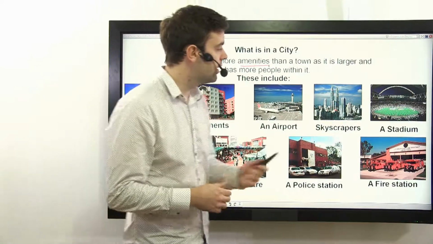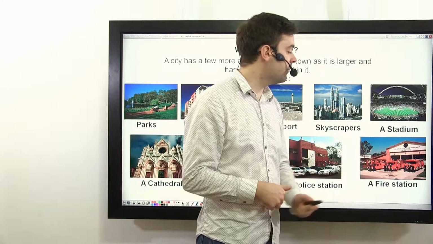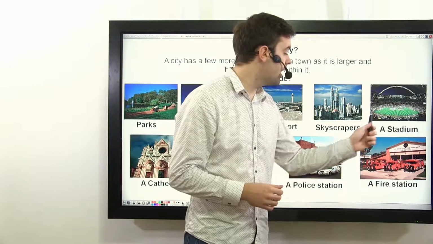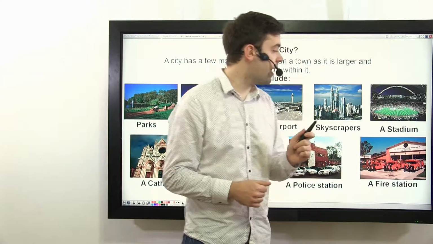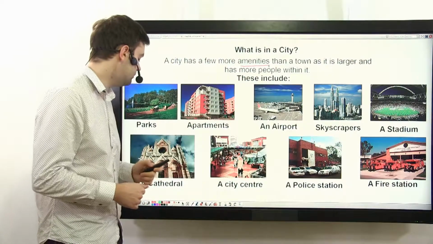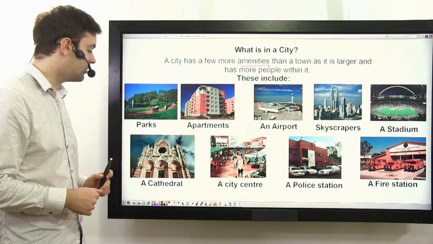Skyscrapers. There might be a stadium. S-T-A-D-I-U-M. Stadium.